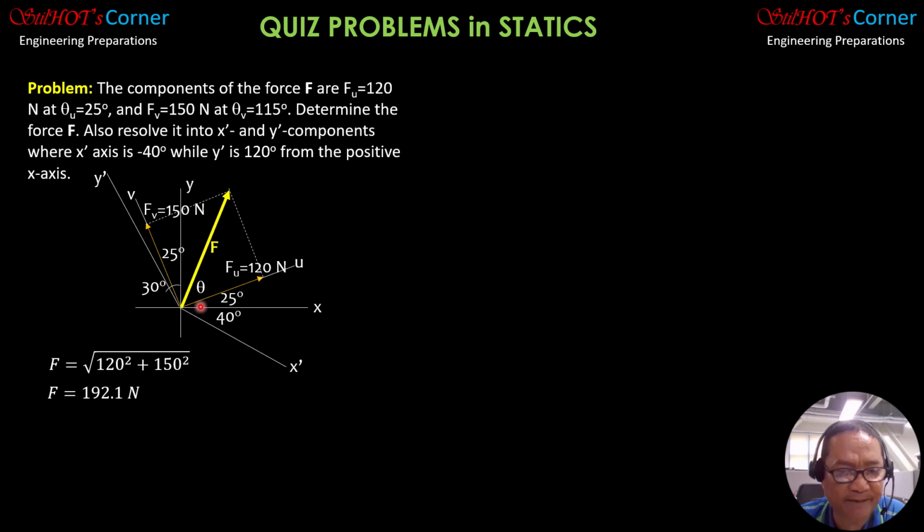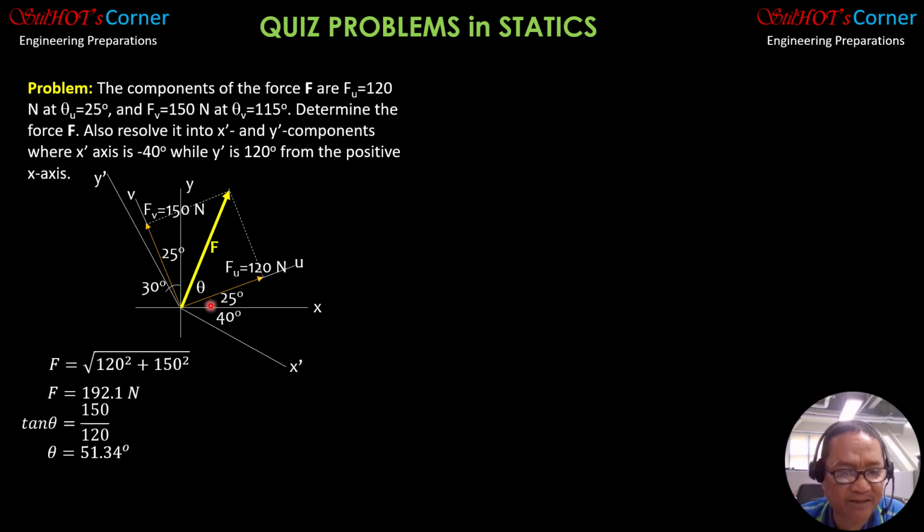Now let's solve for theta, noting that this is a right triangle. From the figure, tangent theta is Fv divided by Fu. So tangent theta is 150 over 120. And solving for theta, theta is equal to 51.34 degrees from the u-axis.